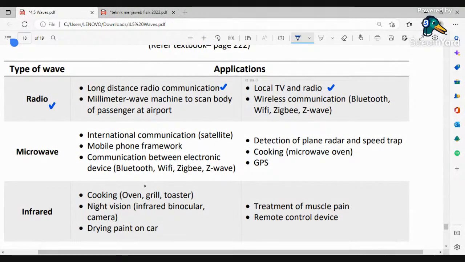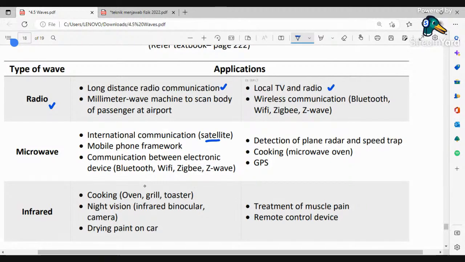Wireless communication: Bluetooth, Wi-Fi, Zigbee, Z-Wave. These all use radio wave. Microwave for international, meaning satellite. From overseas, live TV, FIFA. There are international football matches, right? So we use satellite. That is microwave.